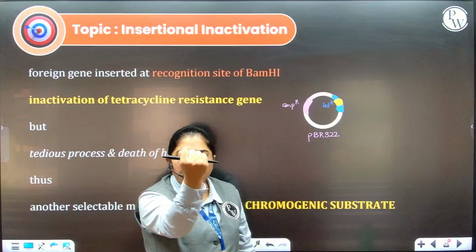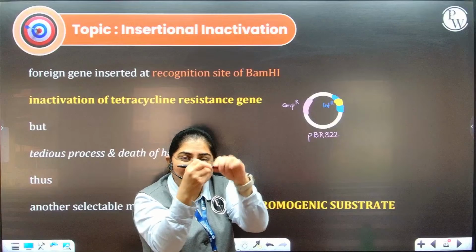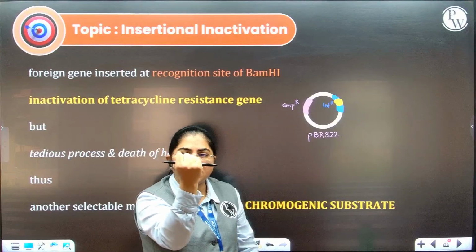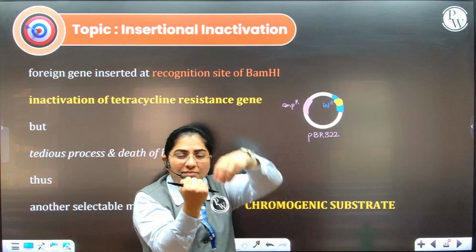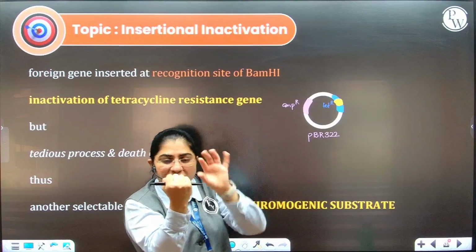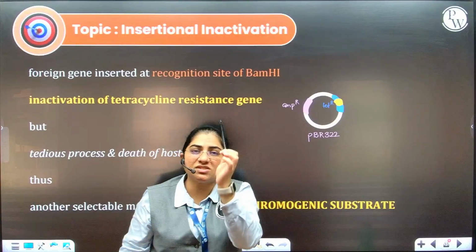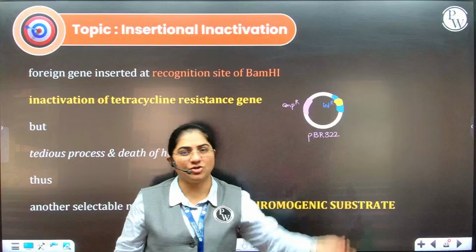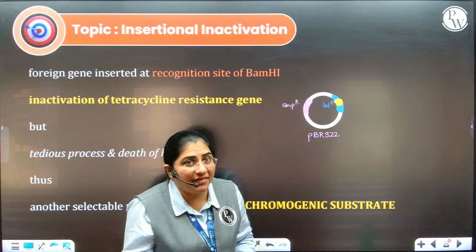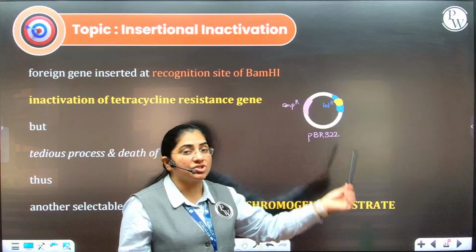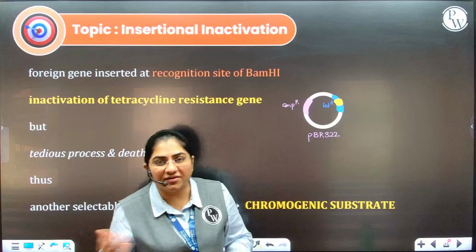I am breaking down this gene to introduce my gene of interest, thereby inactivating the tetracycline resistance gene, because this is now not going to work as it was working. So this tetracycline resistant gene is inactivated because of insertion of my gene of interest, the process called insertional inactivation.